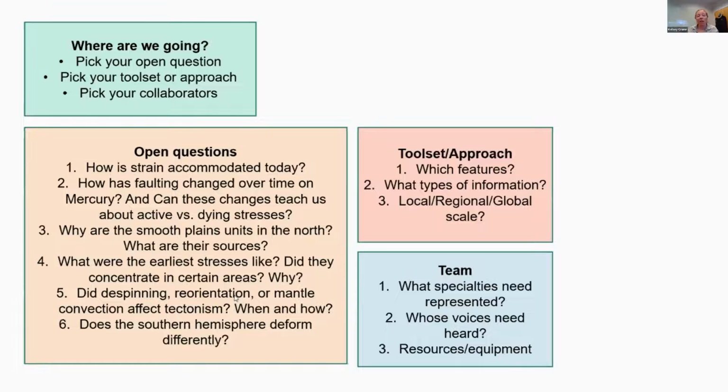Farther south, in Oregon, one of my master's students and I have worked on how dikes make it to the surface in a compressive stress regime, which is incredibly important for Mercury because the northern plains got there somehow. You had to have a dike system that got that material to the surface.